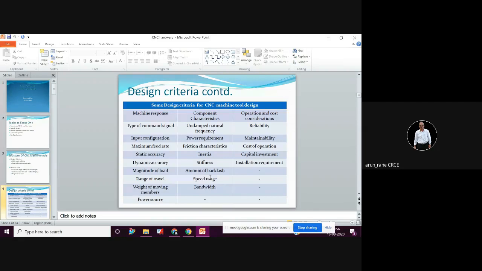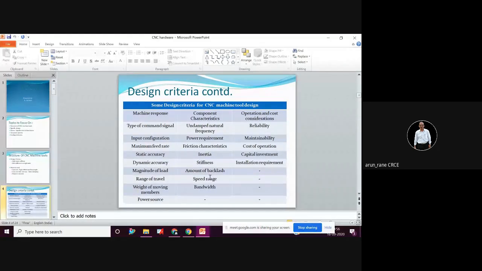If there is no play at all, zero play, the nut will hold on the screw tightly, so it will not move at all. So keep the backlash in such a way that it moves fantastically. There is no play, no jerky kind of motions.